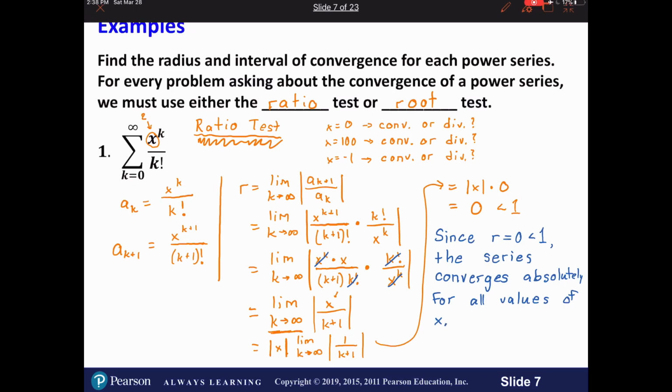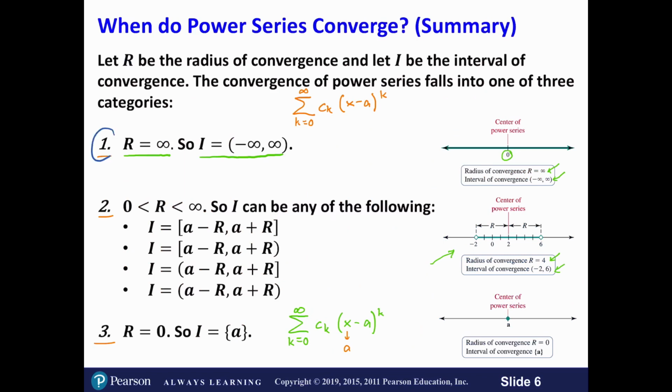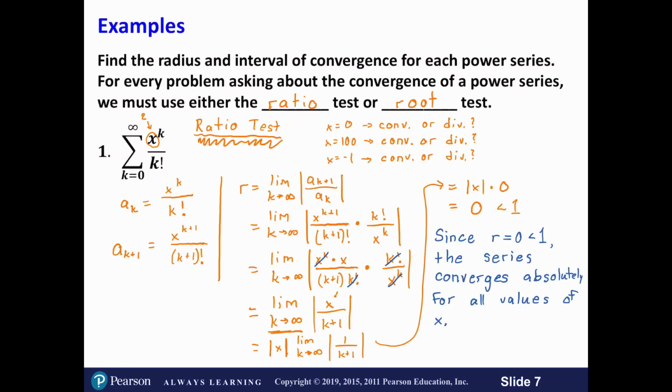And so this means that we are in this first case here, where the radius is equal to infinity, and the interval of convergence is equal to negative infinity to infinity, because this converged for all values of x. Didn't matter what x we threw in from the beginning, it would converge for all of them.